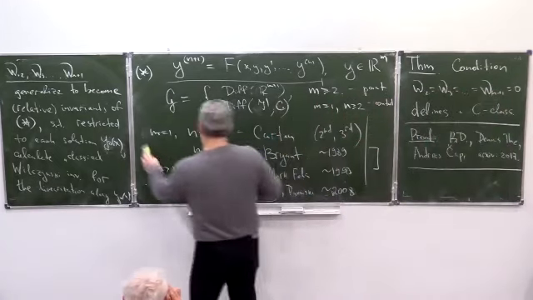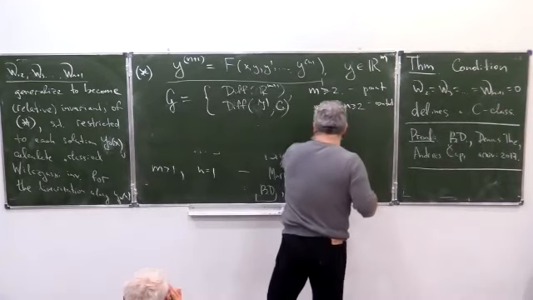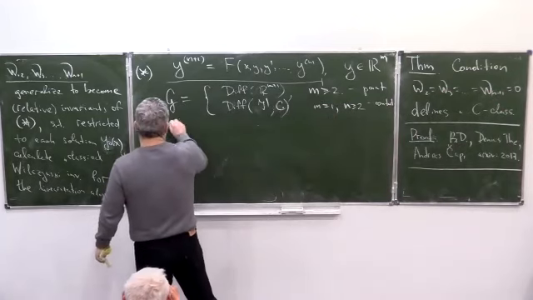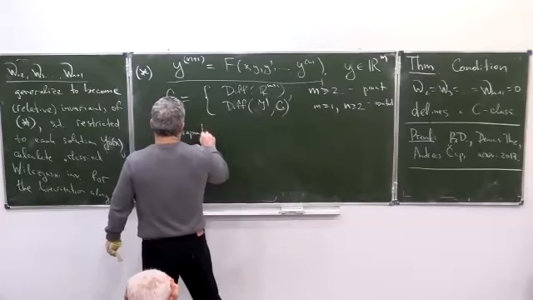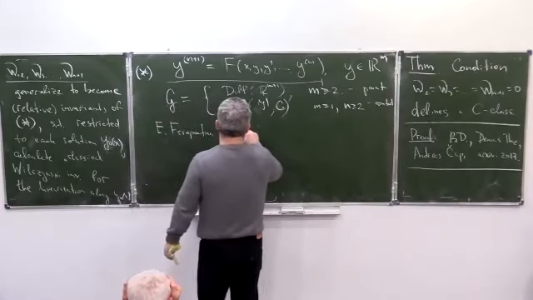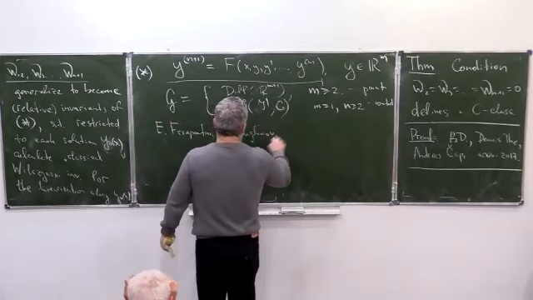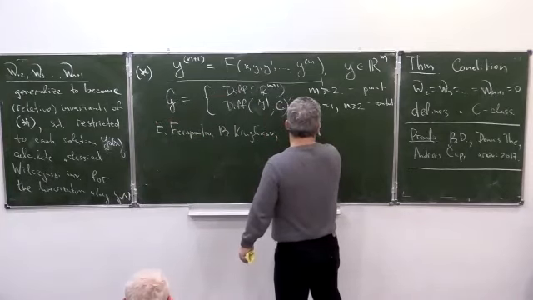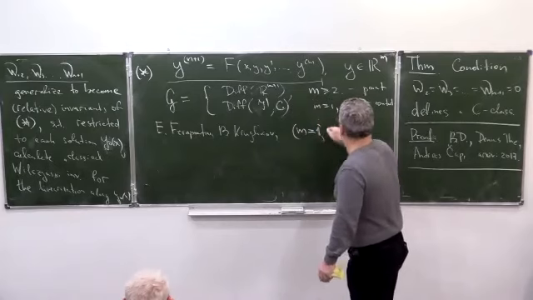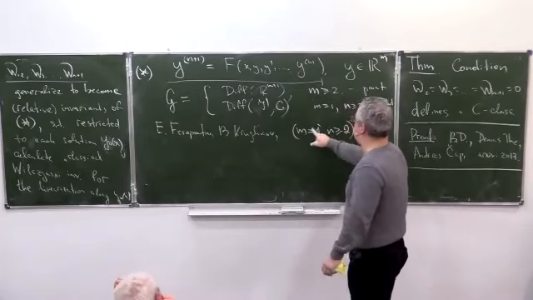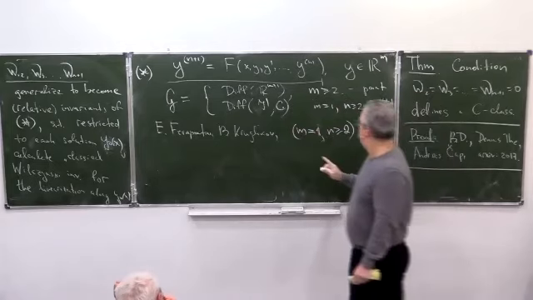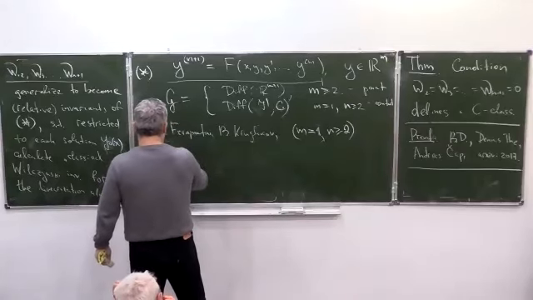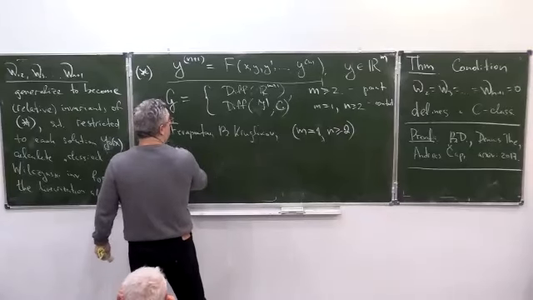And I cite here yet another work by Evgeny Ferapontov and Boris Doubrov, that in the scalar case, at least for m equal to 1 and n greater or equal to, I believe, 2, so at least third order, this condition, then W2 is equal to 0 automatically in this case.